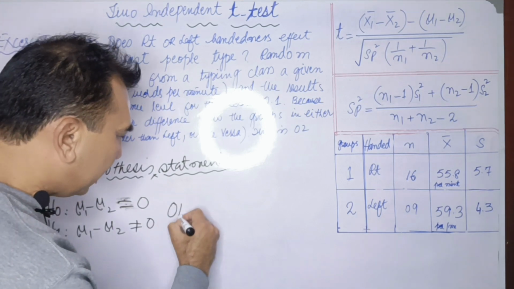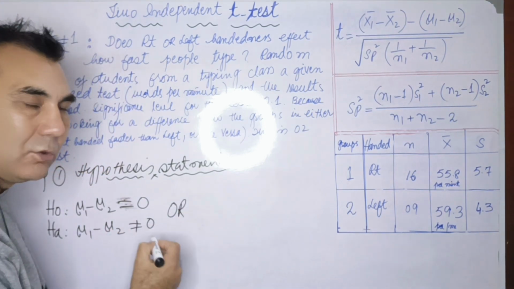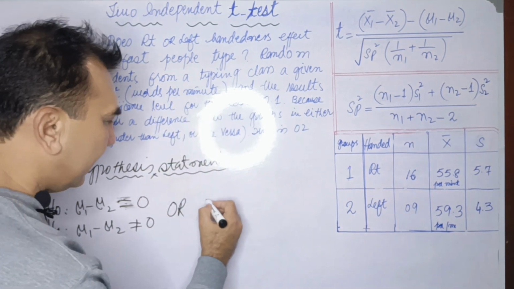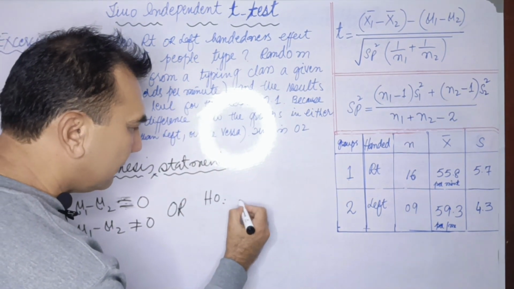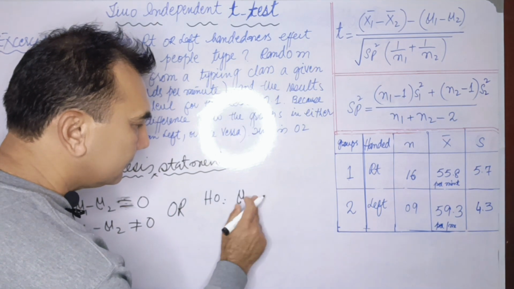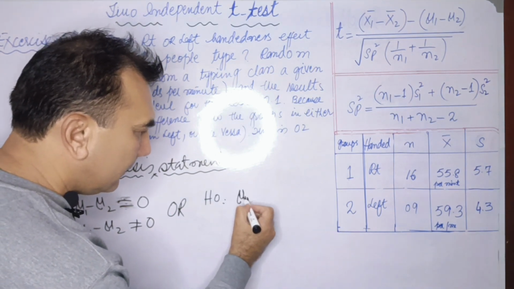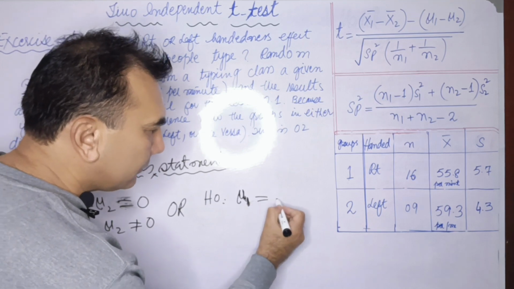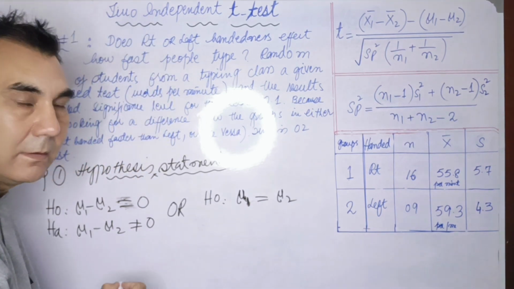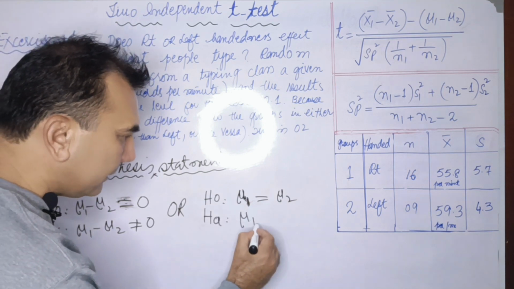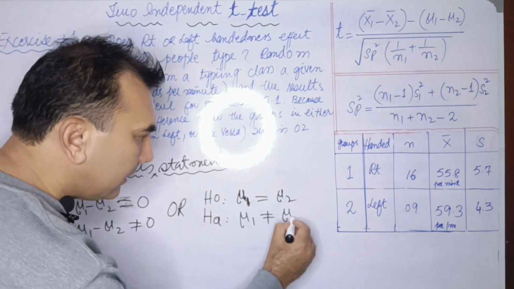This is one method to write down the hypothesis statement of the two independent t-test. Now another method by which we can write the hypothesis statement of the two independent t-test: H naught: mu1 is equal to mu2. Then the alternate hypothesis: mu1 is not equal to mu2.